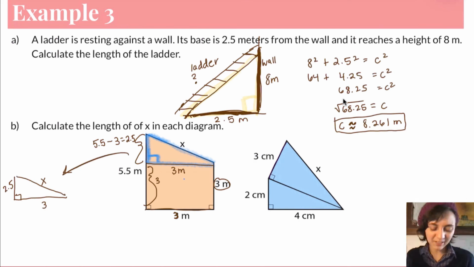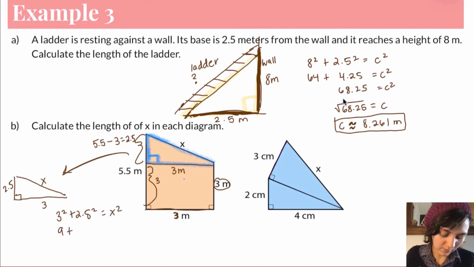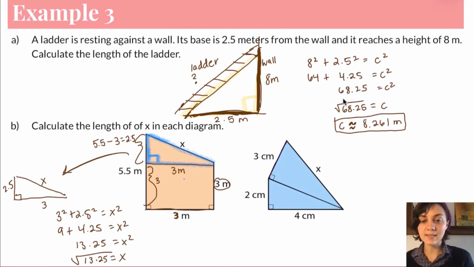Again, you're just solving for the hypotenuse. You know how to do this. So it's going to be 3 squared plus 2.5 squared equals x squared. That's 9 plus 4.25 equals x squared. 13.25 equals x squared. So x is the square root of 13.25. Easy.